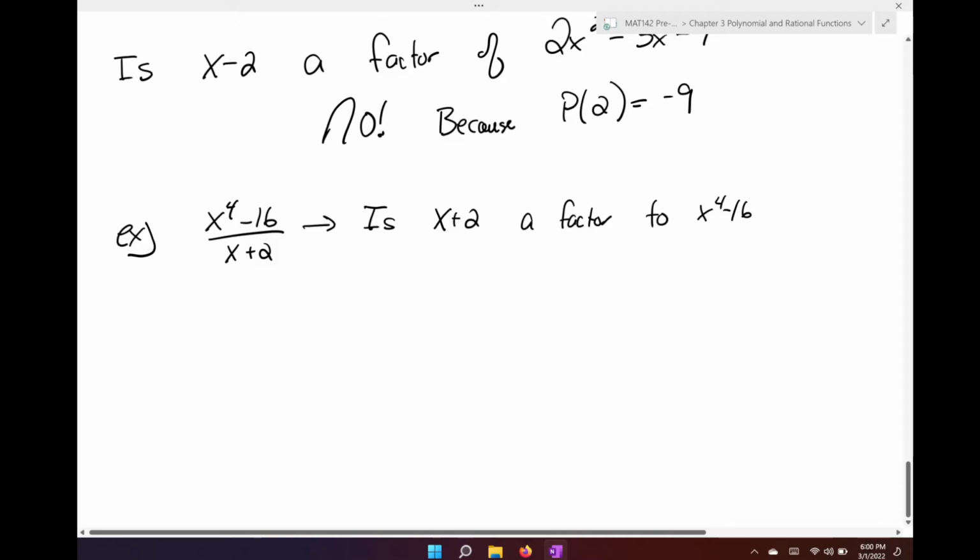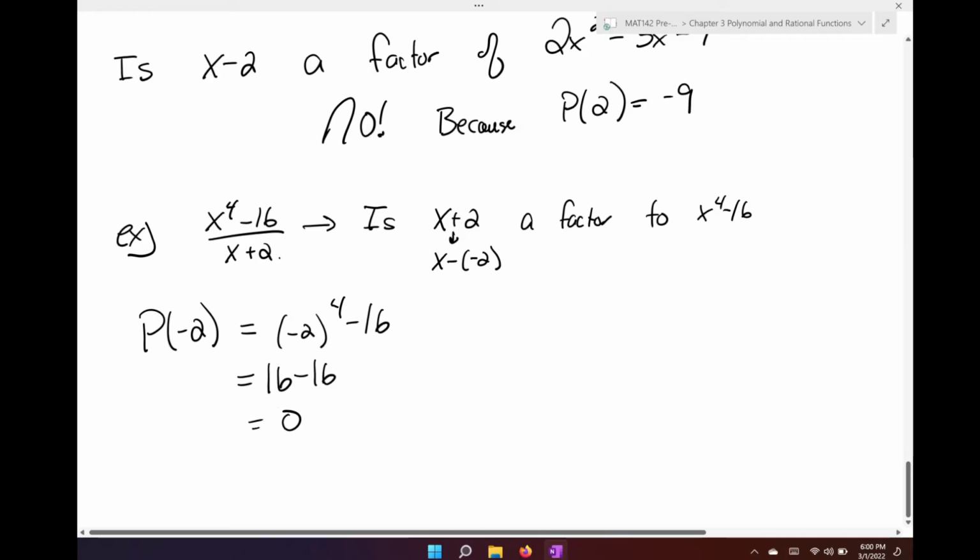Well, remember, in this case, C is going to be negative 2, because you have to rewrite it. You have to rewrite this as x minus a negative 2. So we're going to evaluate the polynomial using negative 2. Negative 2 to the 4th is positive 16, and positive 16 minus 16 is definitely 0.